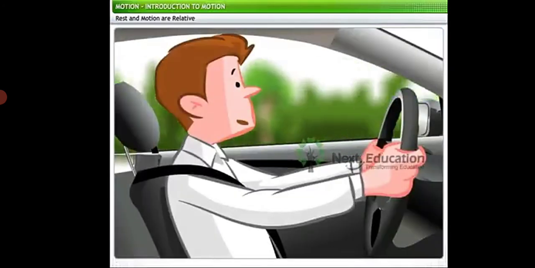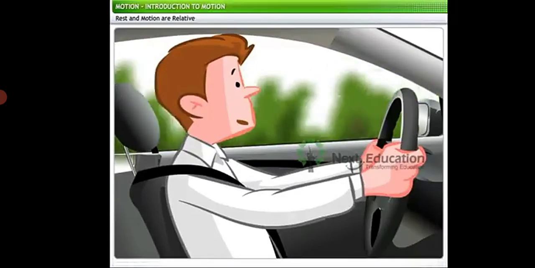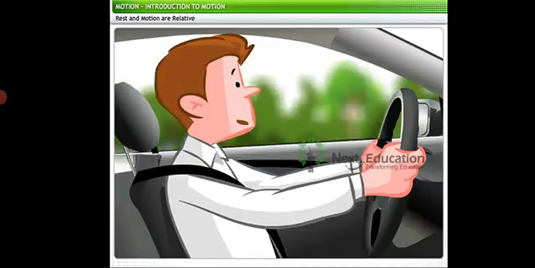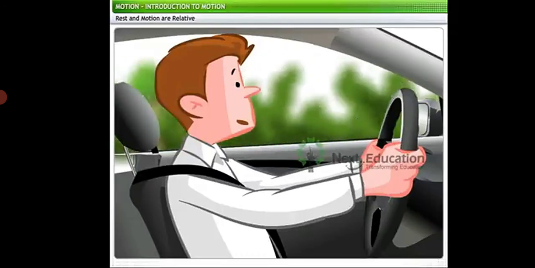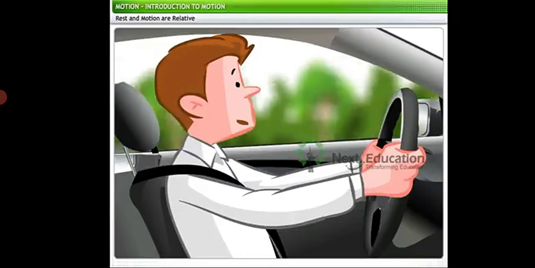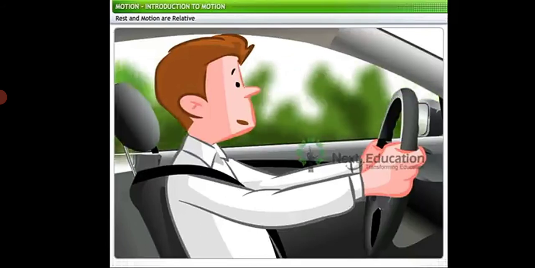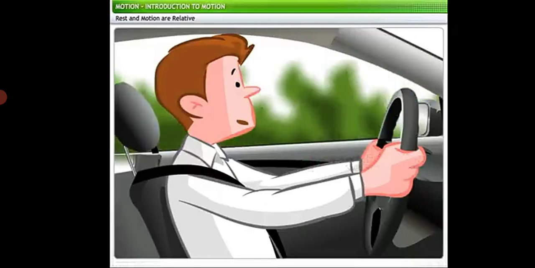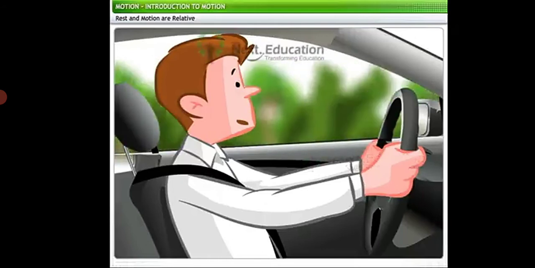What happens when we compare the state of two or more than two objects? For instance, let us consider the state of a car driver. Is he at rest or in motion? It is difficult to answer this question.